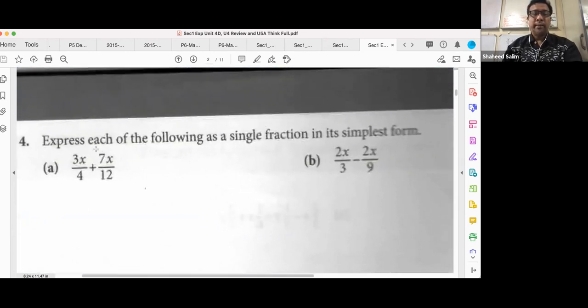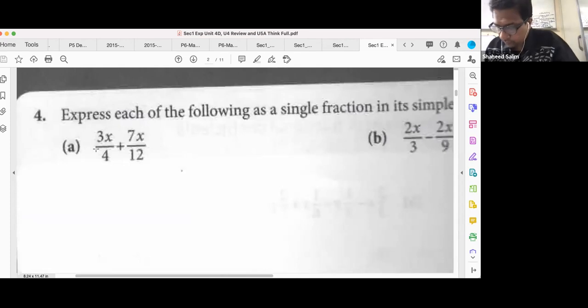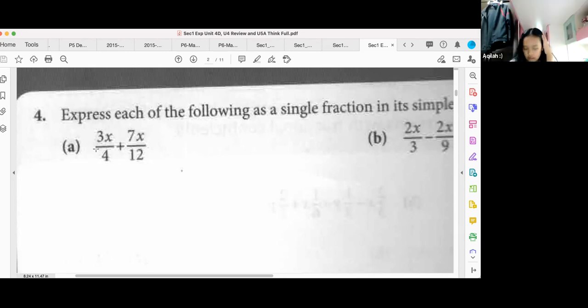Now we get a little bit more complex. But I think this one might be easier for you. Same thing, they want it as a single fraction. Question 4A, please. 16x over 12.